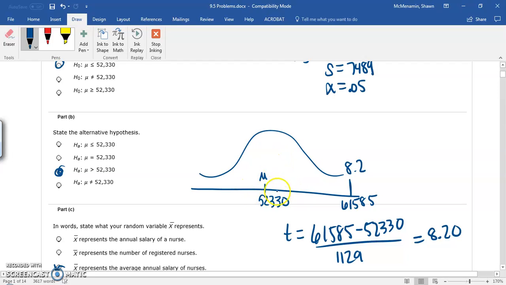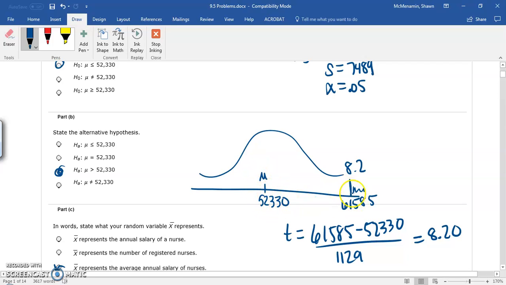So if H naught is true and the true population mean is actually 52,330, then there is a 0.0001 chance of getting this result or more extreme. So maybe we just happen to survey a bunch of nurses that make more money, even though the population mean is around 52,330.